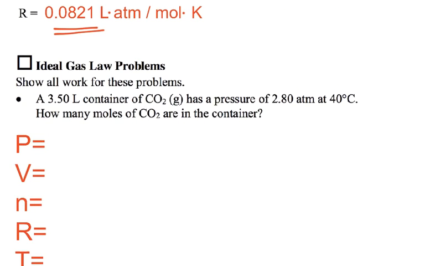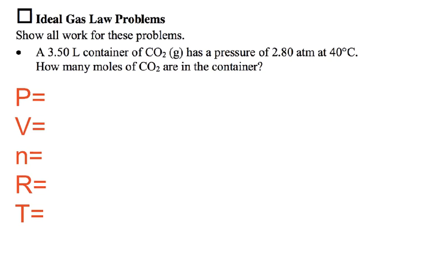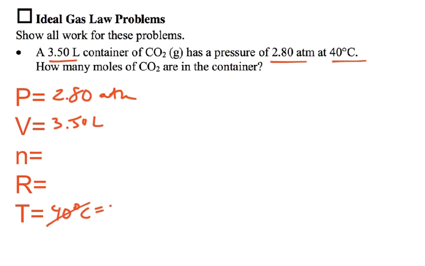So ideal gas law problems, for each one of these we're looking for these various variables. So here we see 3.50 liters. That's a volume. And a pressure of 2.80 atmospheres. Okay, 40 degrees, which we're going to immediately change to 313 Kelvin.